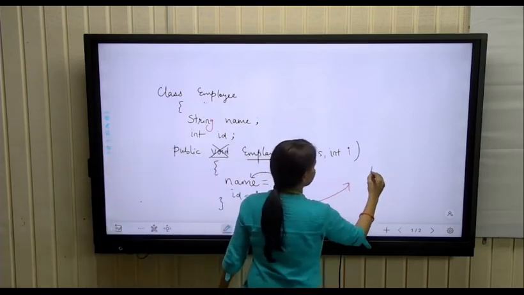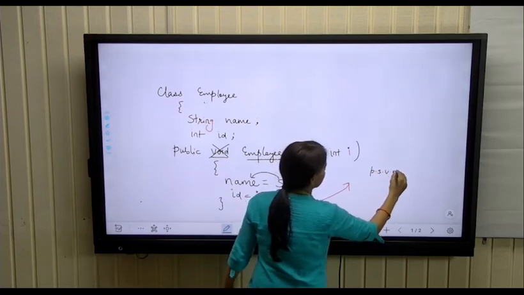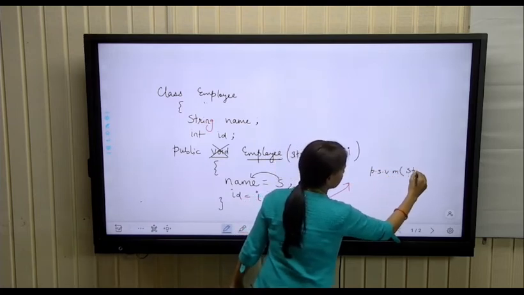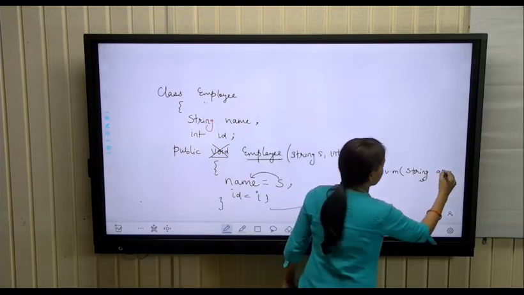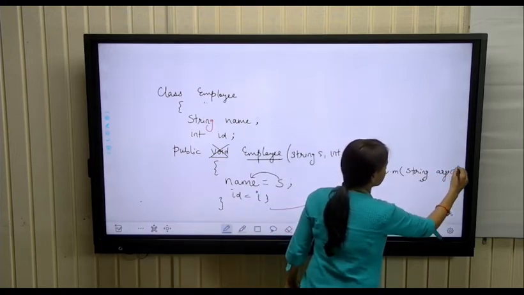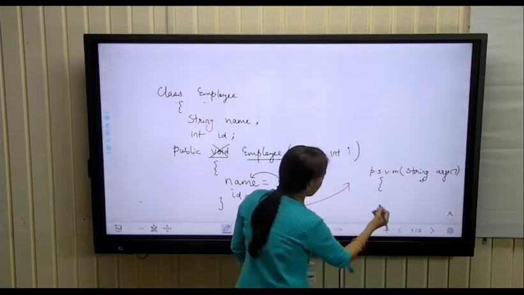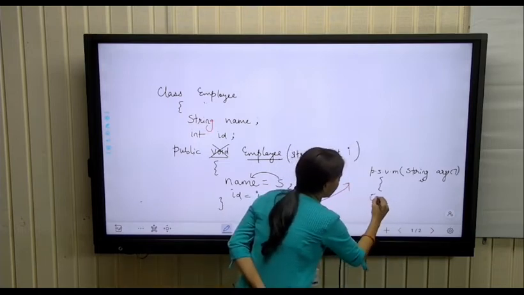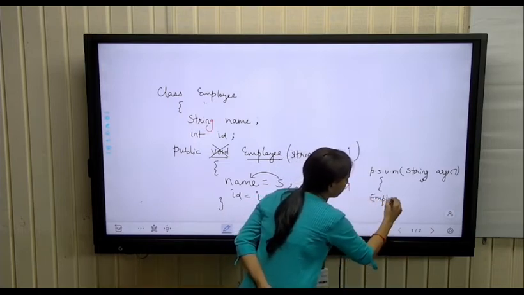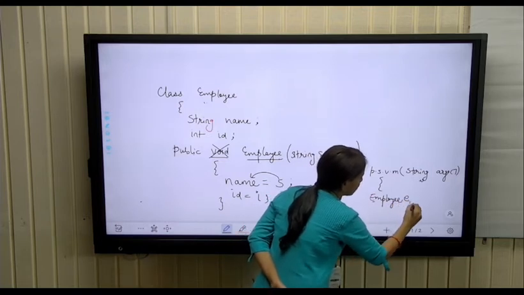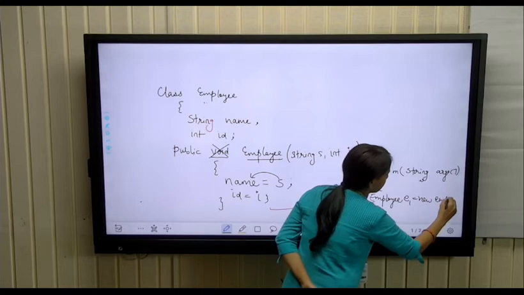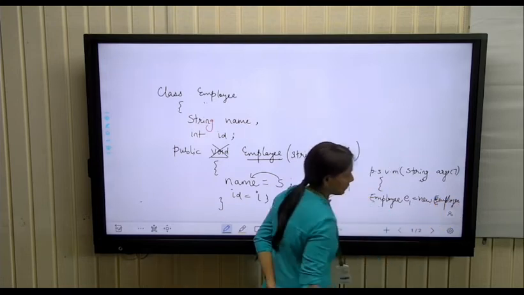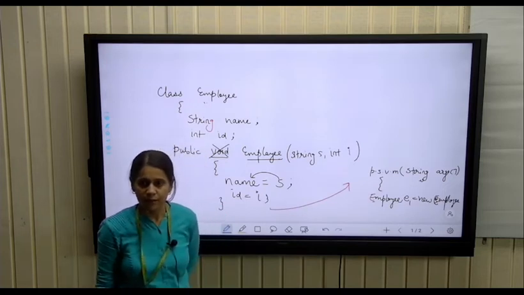So in PSVM, which I have already written earlier, that is String args, and next is the Employee class. By creating the object e1 is equal to new Employee, that E must be capital always, right?